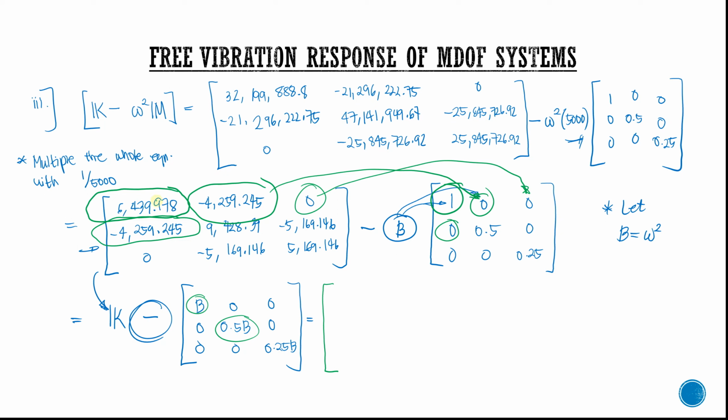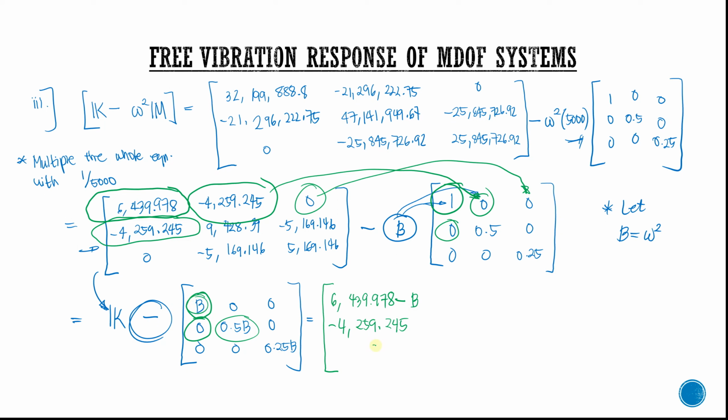So we have 6,439.978 minus what is present in the mass matrix, that is b. So minus b. And then we have the negative 4,259.245 minus what is present in the mass matrix part, that is 0, so we need not write that in our simplified matrix.